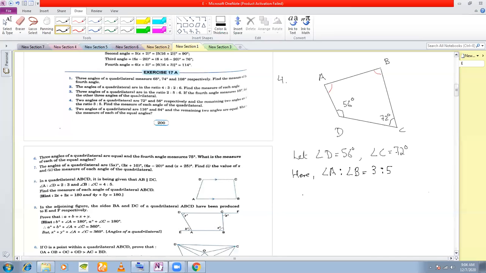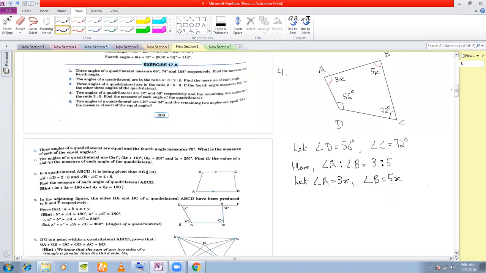Whenever you are given a ratio, you can always assume, since angle A is to angle B is 3:5, let angle A be equal to 3x and angle B be equal to 5x. So I can assume this angle to be 3x and this angle to be 5x.